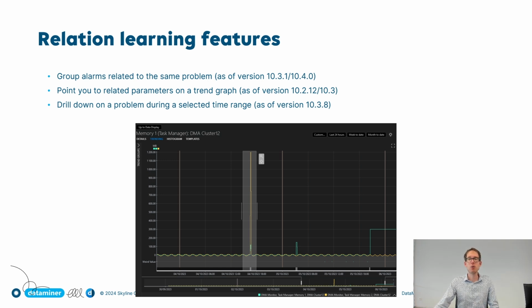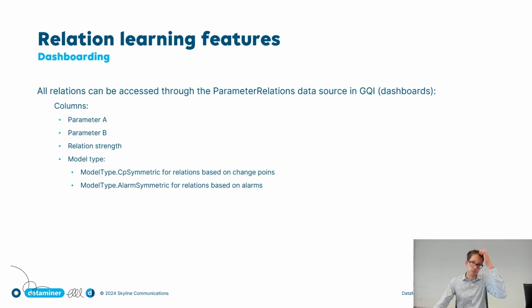A final application of relation learning is in dashboarding. If you know about dashboards, and probably you do if you've joined one of our Empower events or you've checked out some courses on Dojo, then you know that one of the key components of dashboarding is a data source. This allows you to query data and add it to your dashboard. Well, these parameter relations, these relations that we learn, are available as a data source in GQI.